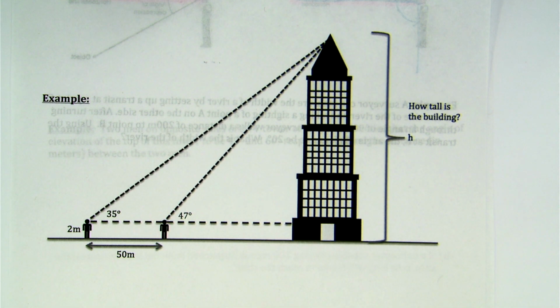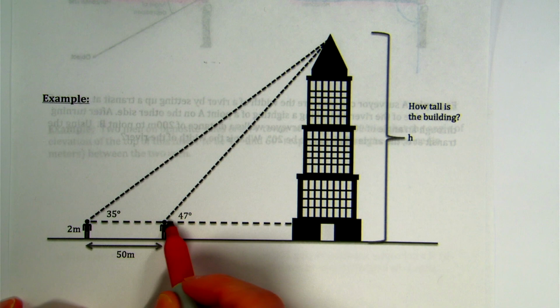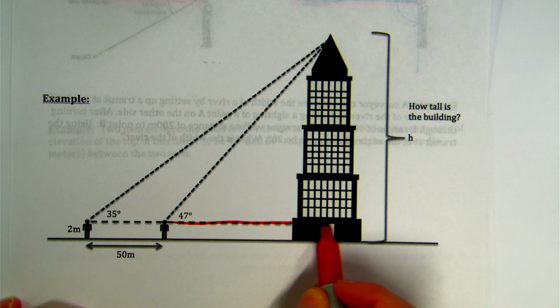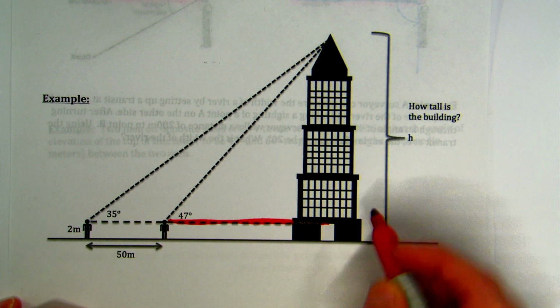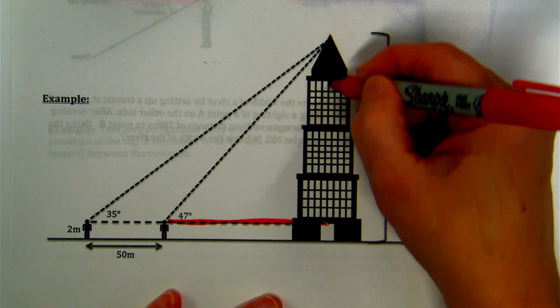Let's come up with some different variables here. Let's take this picture and let's make a right angle right here.